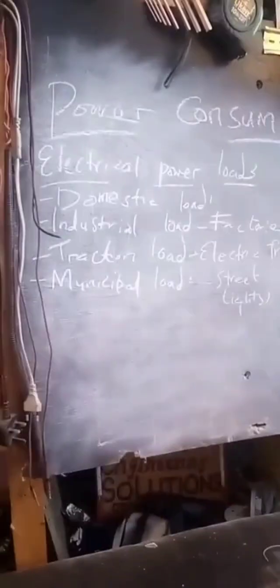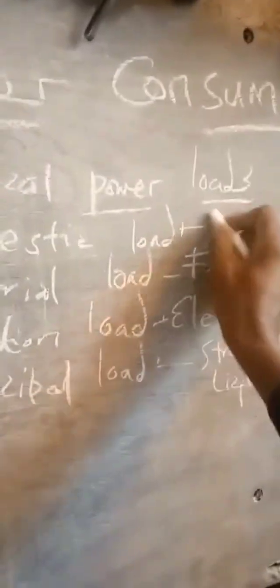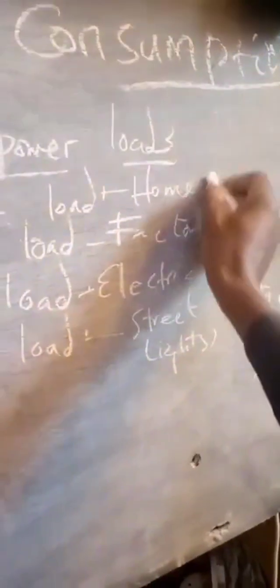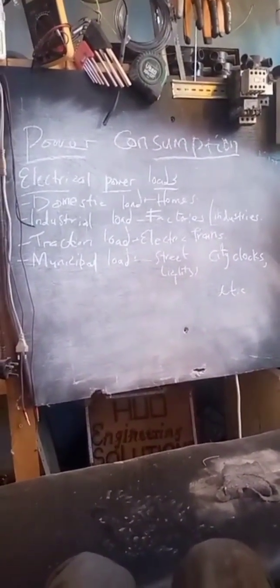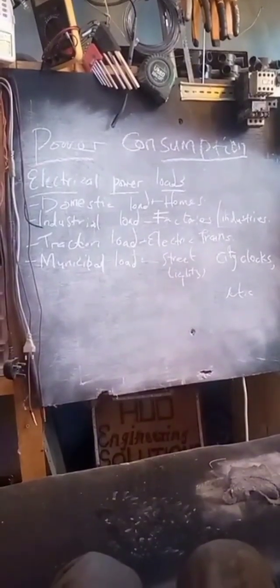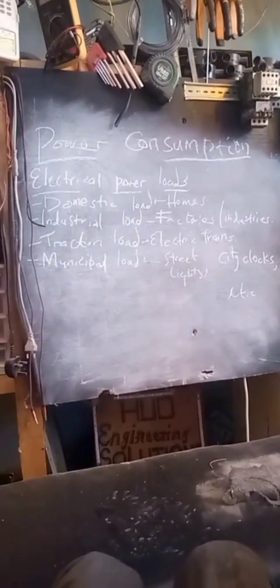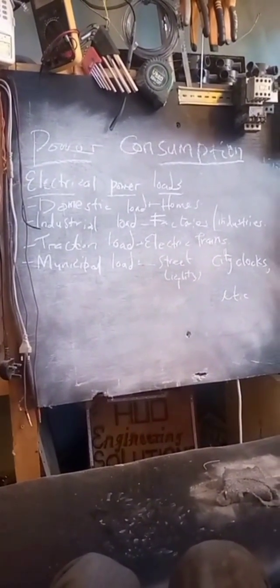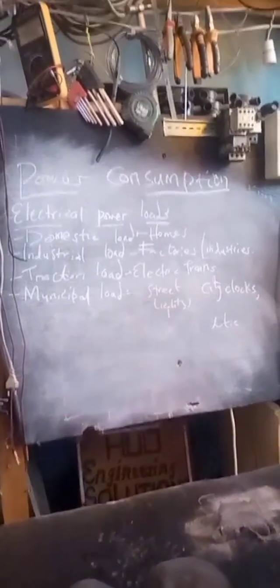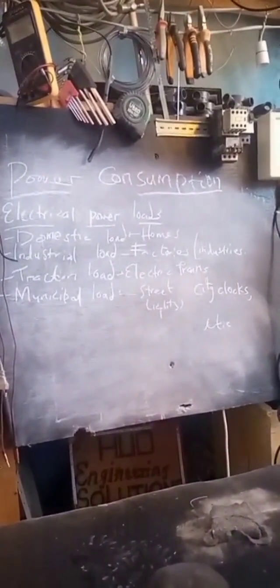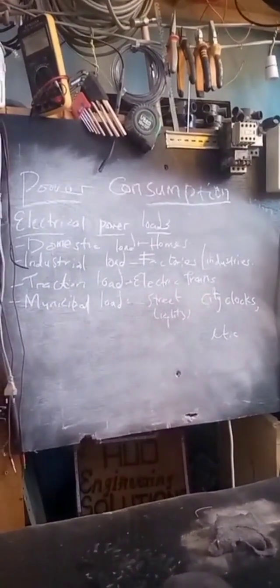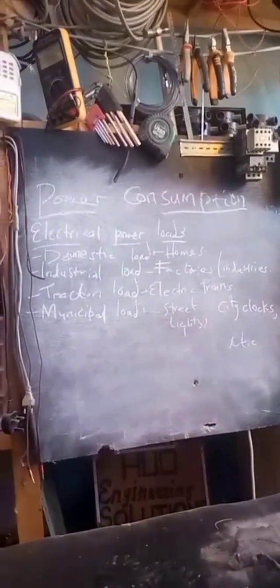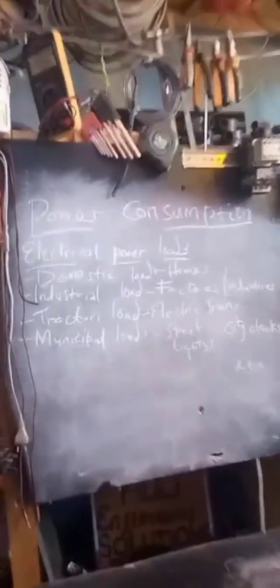Then we have domestic loads. These are used in homes. So you can actually see the different types of load we have. These are the types of loads that are majorly used in power consumption, and this is where you will actually be seeing the billing of the power selling companies mostly coming from these kinds of loads.